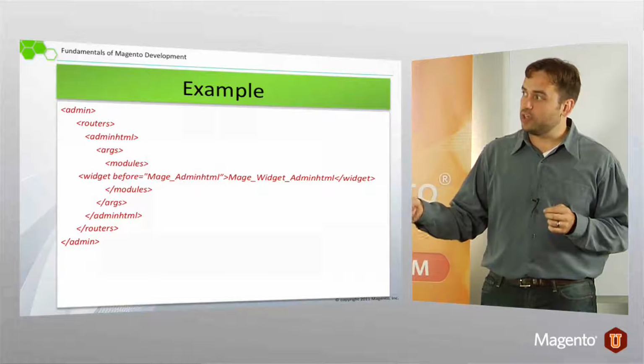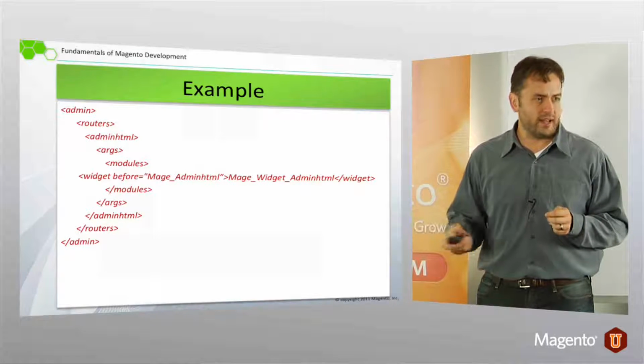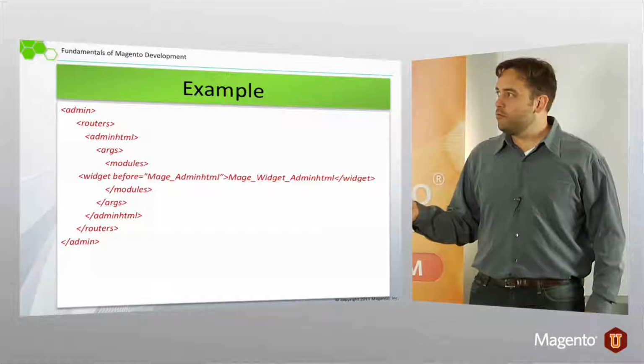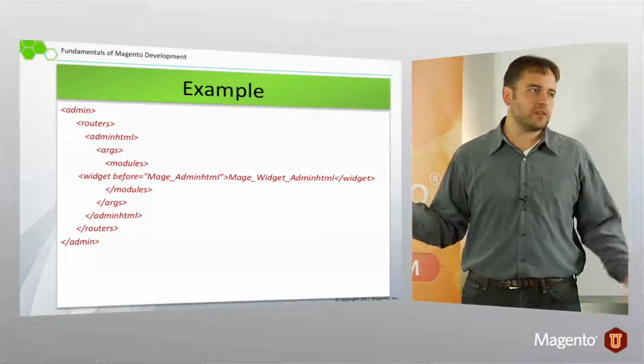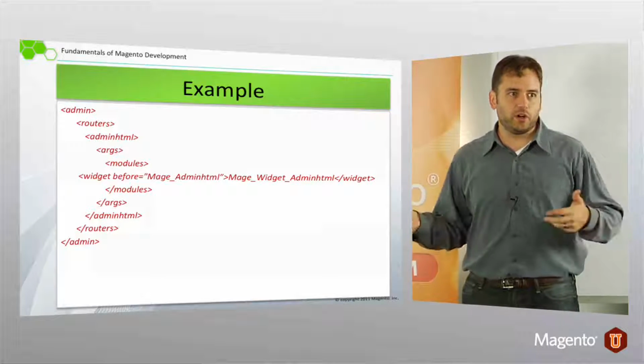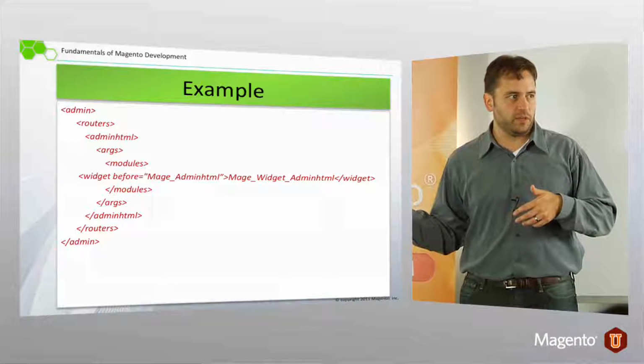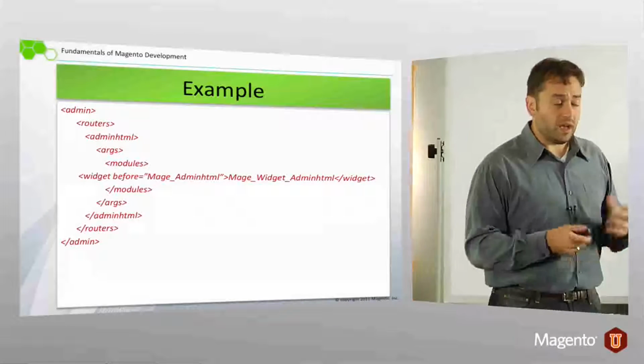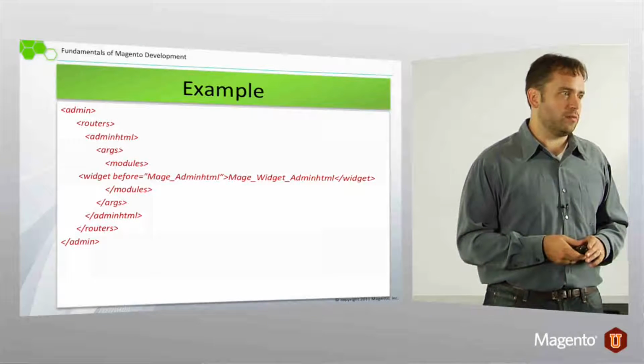And in fact, you can look in Mage Widget, and I think in Mage Index, those two modules for an example. And I can't stress that enough. Best way to learn the right way to do something in Magento is to look at how Magento does it themselves.